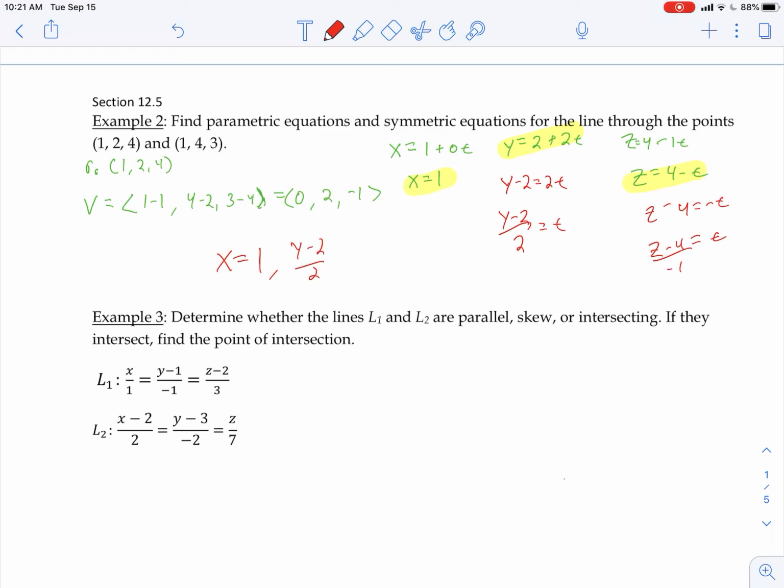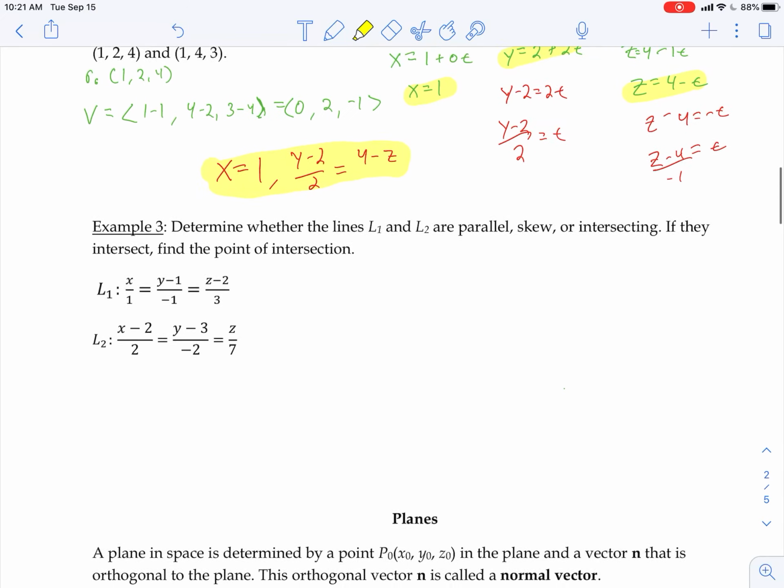Therefore we can write our symmetric equations as y minus 2 over 2 equal to the other equation, because they both equal t. I can use that negative 1 and just say I have 4 minus z. And there's my symmetric equations.